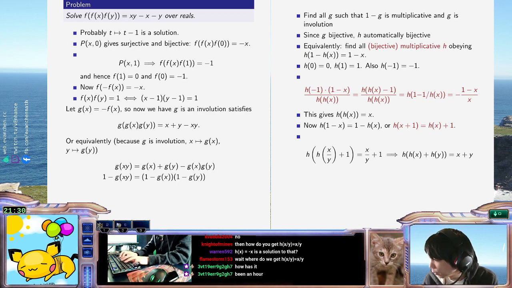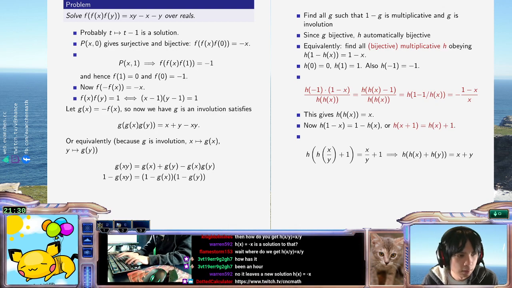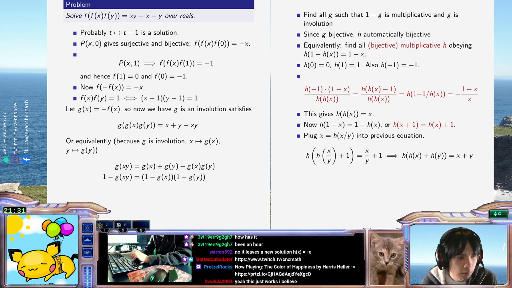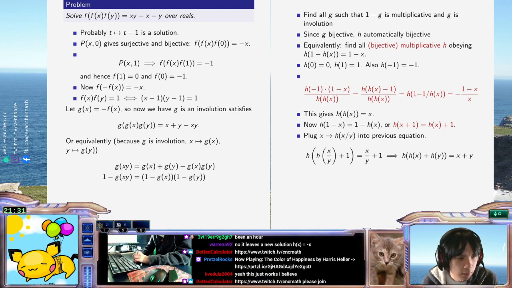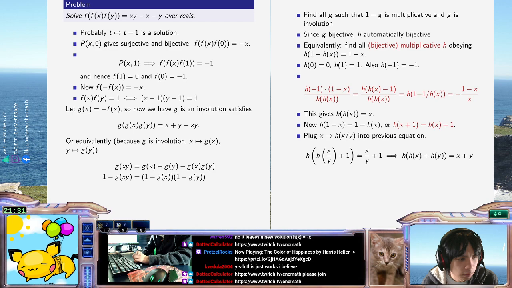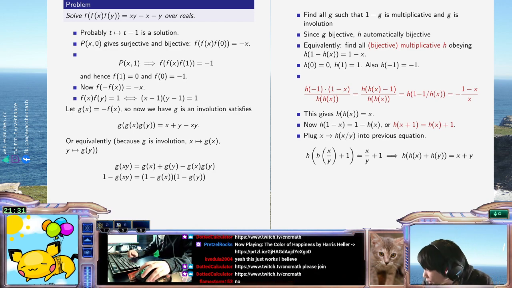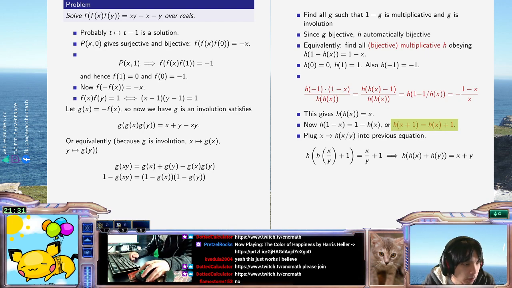It's plug x equals h of x over y into a previous equation. So an involutive satisfies the +1 condition.